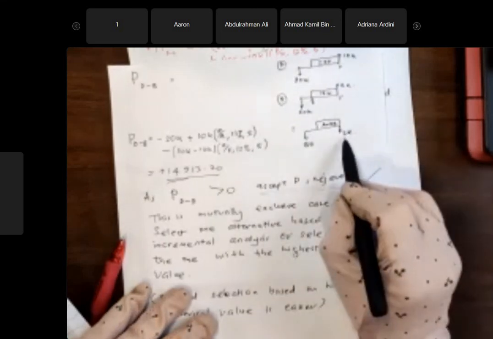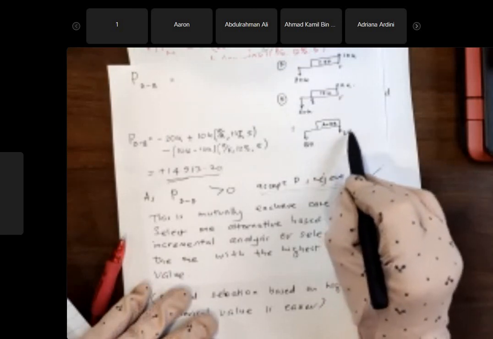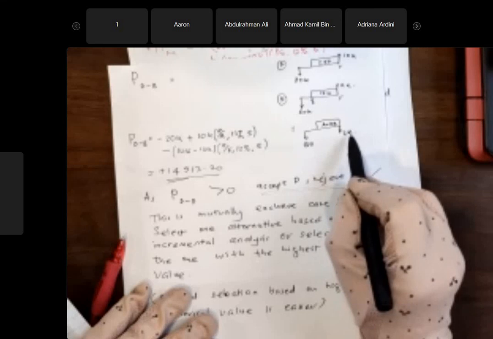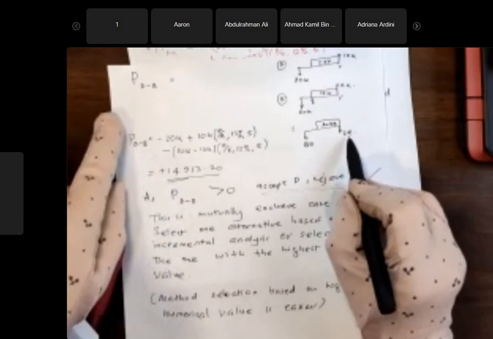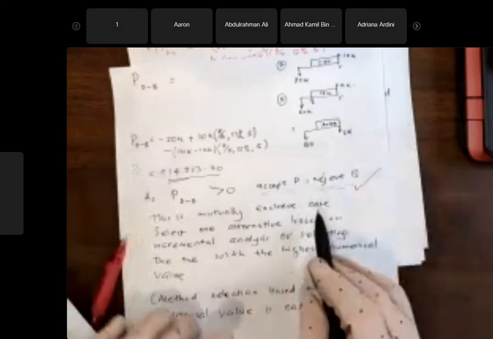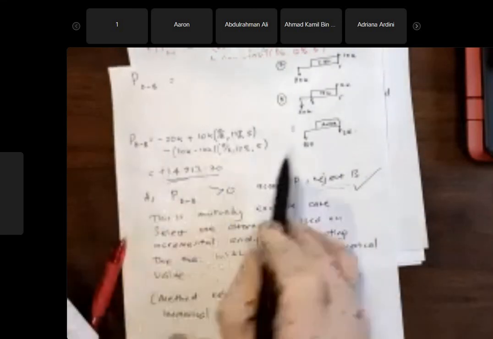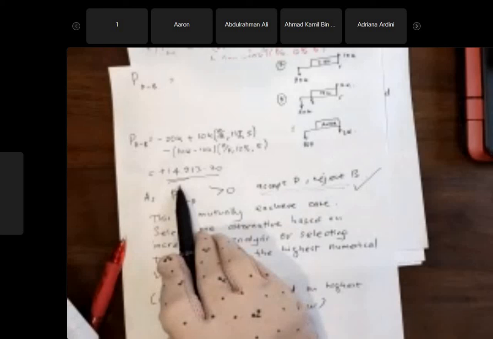However, there is salvage value of 2,000 if you select the project D. It's still okay because it gives you the benefit. Only get less lah because of the salvage value. Faham tak?